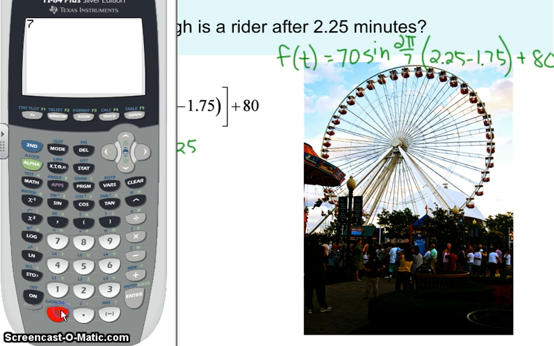It's going to be 70 times sine of 2 pi over 7 times the quantity 2.25 minus 1.75. I'm going to have two parentheses there, plus 80. And my rider is 110.37 feet off the ground at 2.25 minutes.